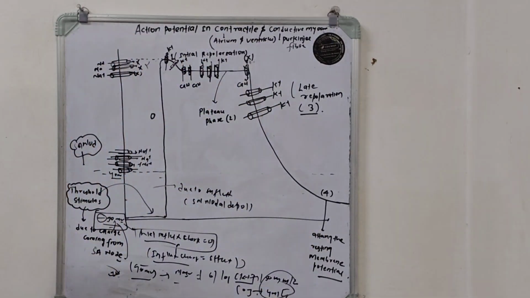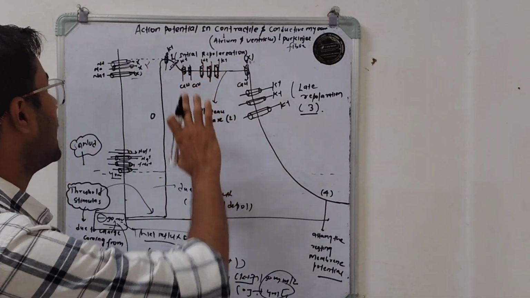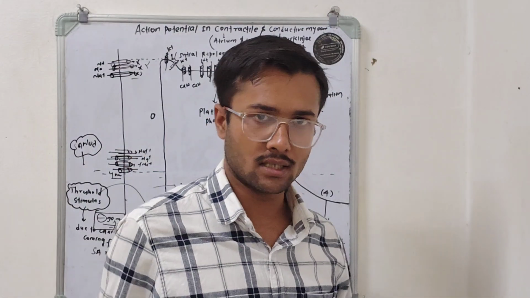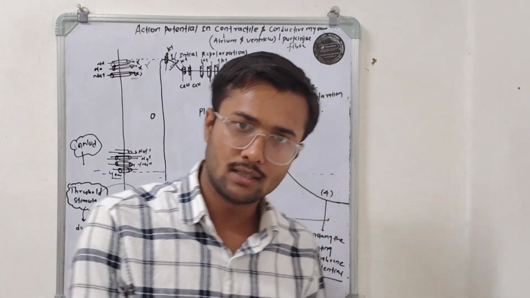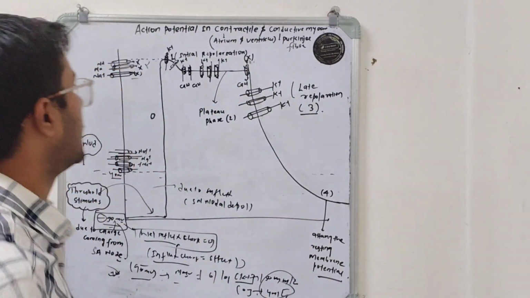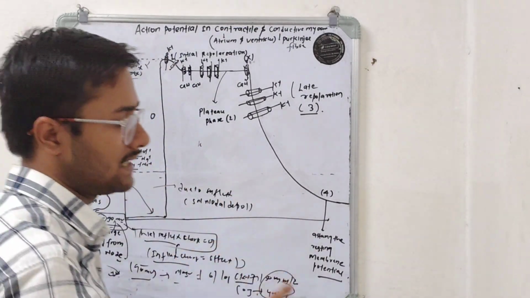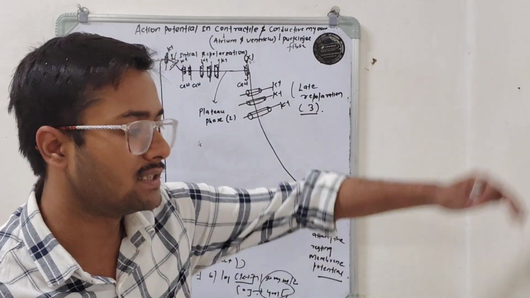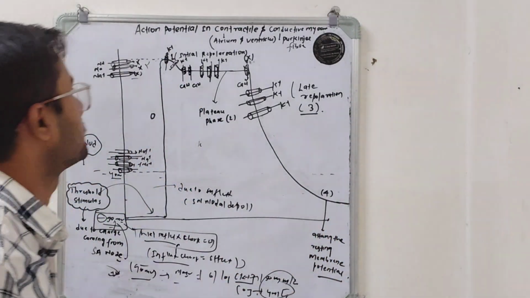As the voltage gated sodium channels get closed, at that time there is the opening of voltage gated potassium channels. Potassium ion concentration inside the cell is higher. So whenever the voltage gated potassium channels open, there is a rapid efflux of potassium ions from inside to outside the cell.